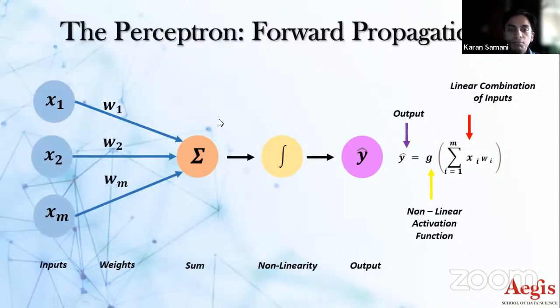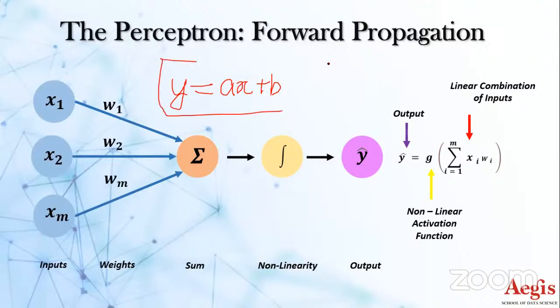Now a sum, or a linear operation, happens on these features taken as input. If you have seen something like y equals ax plus b, what is this operation? Do you know, guys? This is a linear operation, a linear combination.